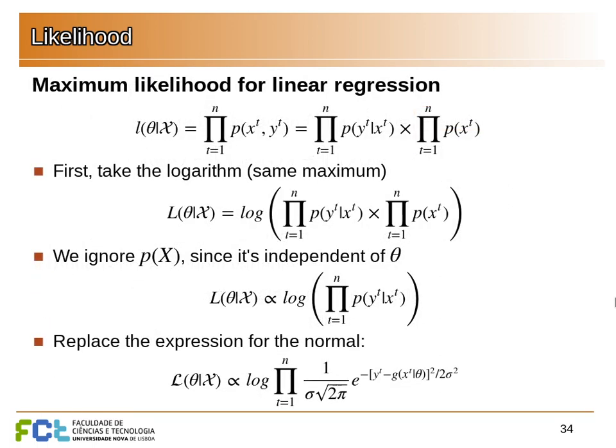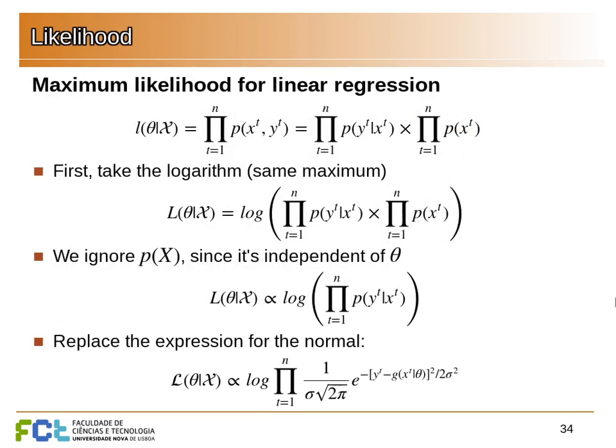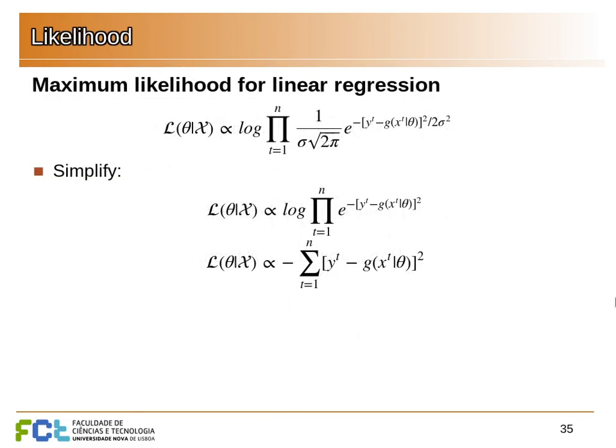Okay, so for the linear regression, we have this normal distribution around our prediction. We are going to adjust the parameters to adjust the prediction. And what this ends up being equivalent to when we replace everything is this quadratic error.